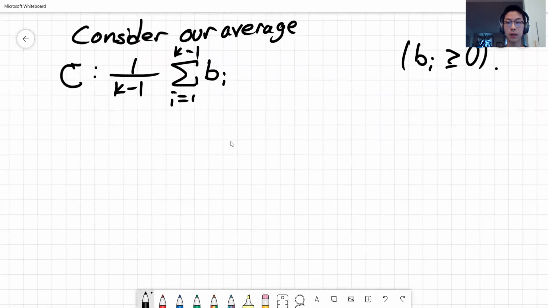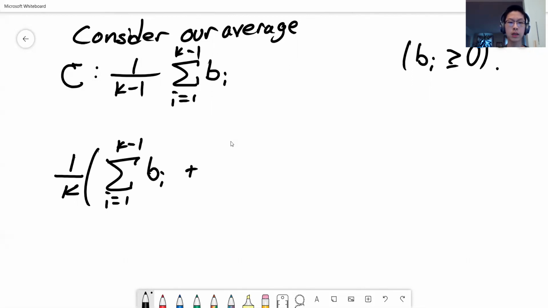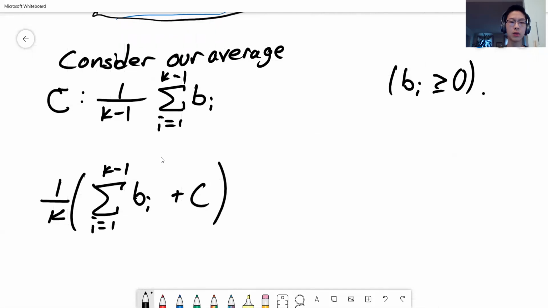All right, so let's see what happens when we take 1 over k times the sum from i equals 1 to k minus 1 of the b_i, plus C. Essentially what we're doing is taking an average of the b_i and then this C, the average of the b_i.